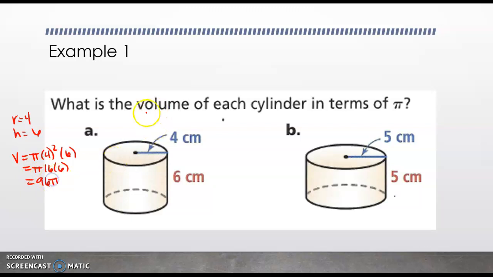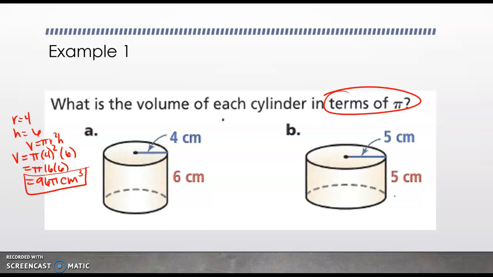So right now I'm at 96 pi. Now this says what is the volume of each cylinder in terms of pi. So if I do it in terms of pi, that's my answer. 96 pi centimeters cubed. And I guess just for the sake of it, pi r squared h was that formula we were using, just in case you're like, wait a minute, why are we putting 4 and 6 in the places we're putting them? But final answer, 96 pi centimeters cubed.